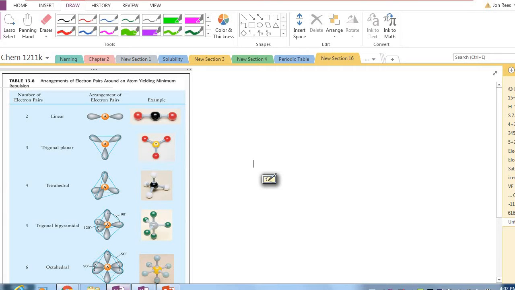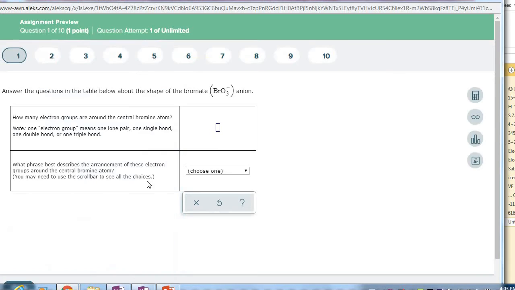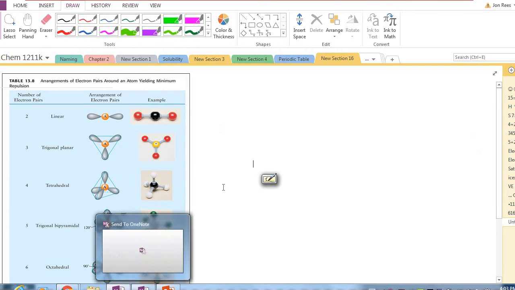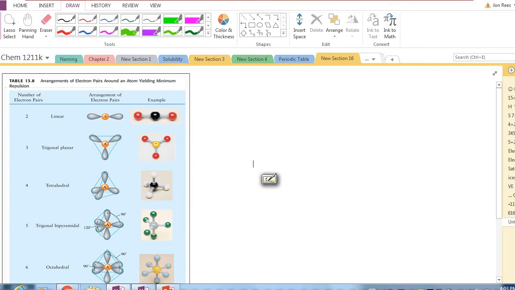We're dealing with electron groups here, and so I have this table that I just copied and pasted out of our notes. And so the ion we're looking to do is this bromate ion, BrO3 minus. Let's come back here and do the Lewis dot structure. We're going to have to do that first.